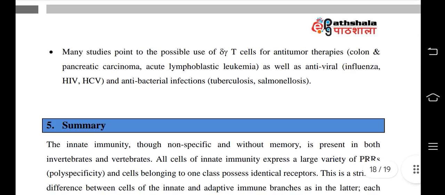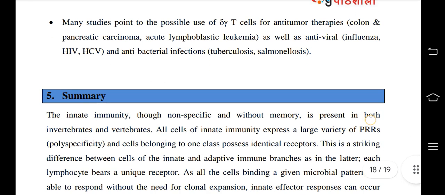Many studies point to the possible use of alpha-beta and gamma-delta T cells for anti-tumor therapies, colon and pancreatic carcinoma, acute lymphoblastic leukemia, as well as antiviral, HIV and HCV, and antibacterial infections, tuberculosis and salmonellosis.